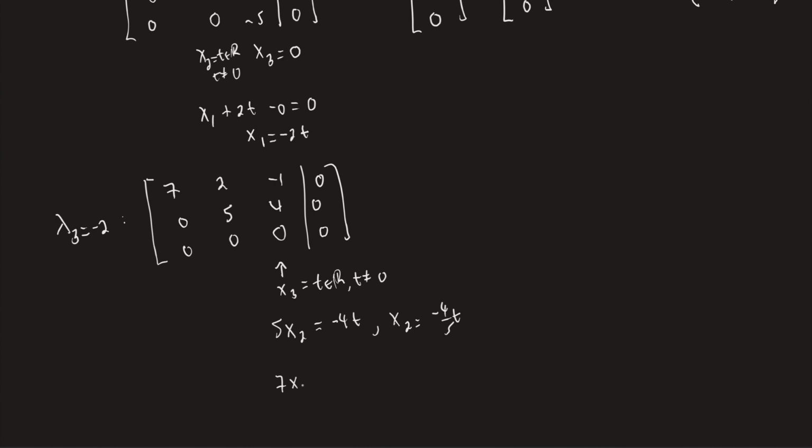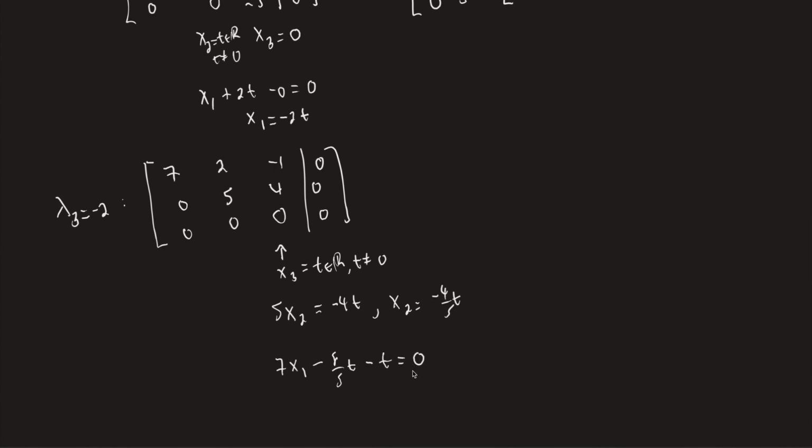So you'll have 7x1 plus 2 times this, which is going to make it negative 8/5 t, and then minus t, and that's equal to 0.